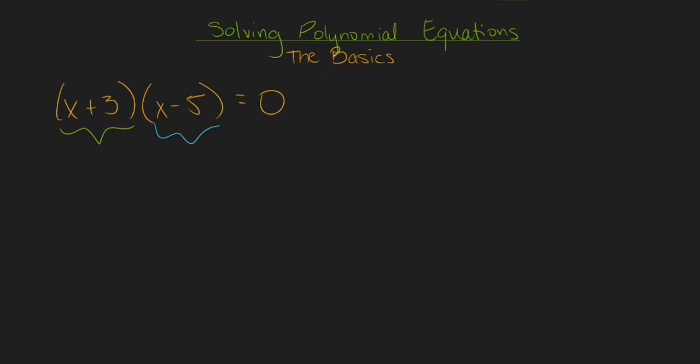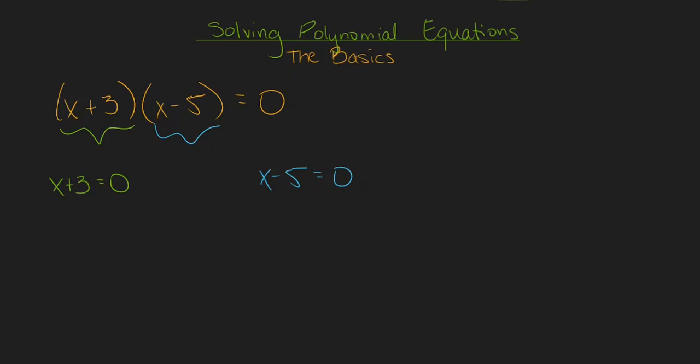So we use each factor and find the situation when it would equal 0. So I'm interested in when x plus 3 would equal 0, and I'm interested in when x minus 5 would equal 0. From here, we'll use our normal steps to solve for x.